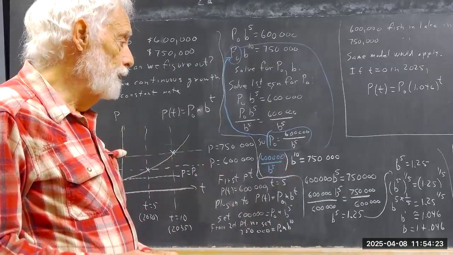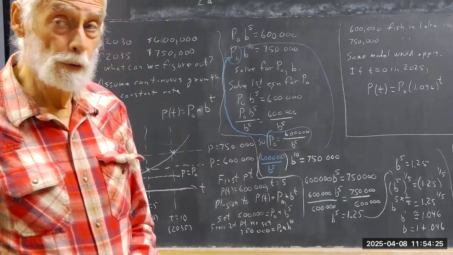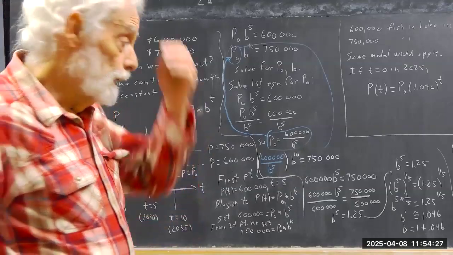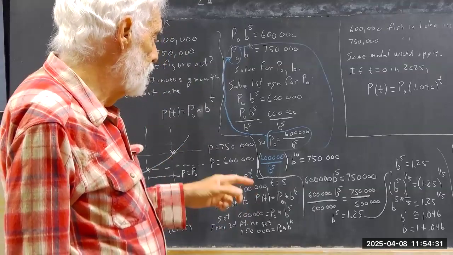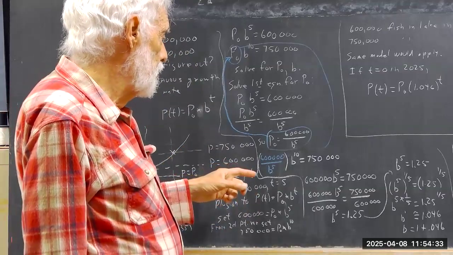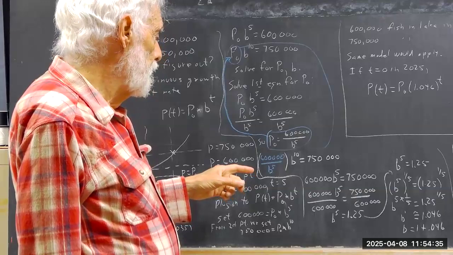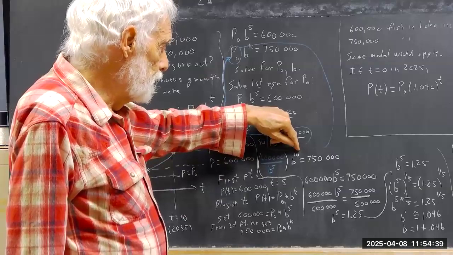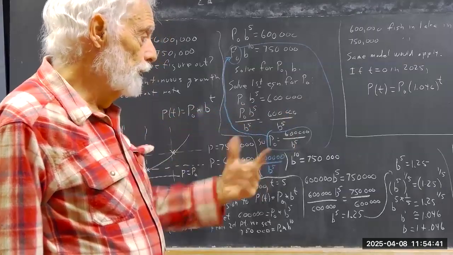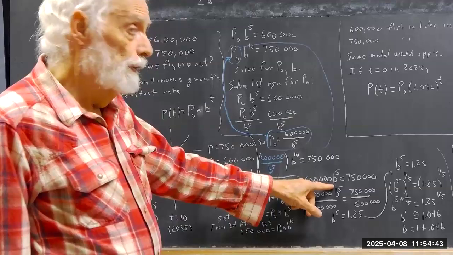That equation is easy to solve for b if you know your rules. So b to the 10th divided by b to the 5th is what? It's just b to the 5th.